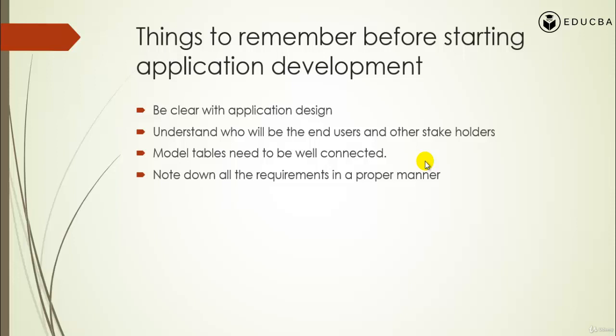Say you're going to implement something like a hotel room booking application. You can just go and develop that, but you need to have a design, like how the booking interface should be, and what the tables are. Model tables play a crucial role in determining what kind of application you make.